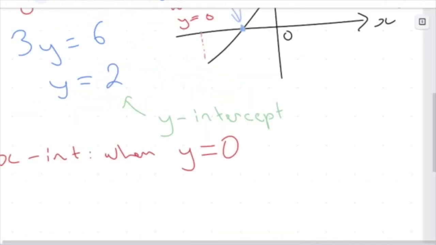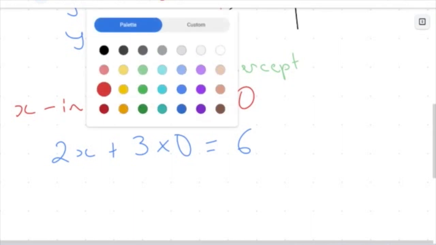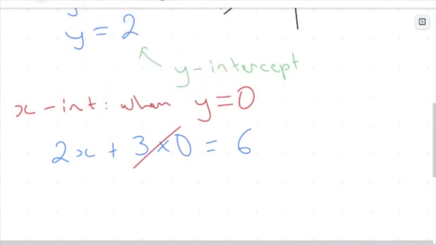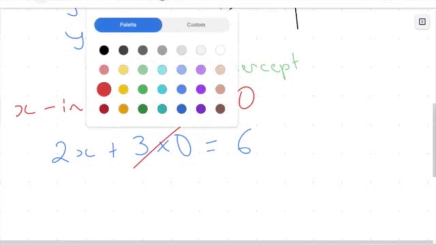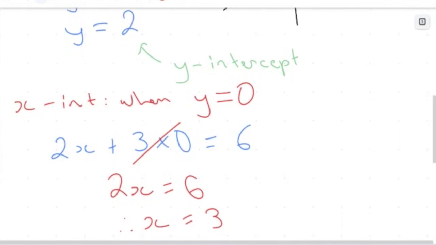So I get 2x plus 3 times 0 equals 6. And once again, this is going to get killed off. 3 times 0 gives me 0, and 2x then equals 6. And therefore now I'm looking for a value that multiplies by 2 to give me 6. So my x is going to be 3.